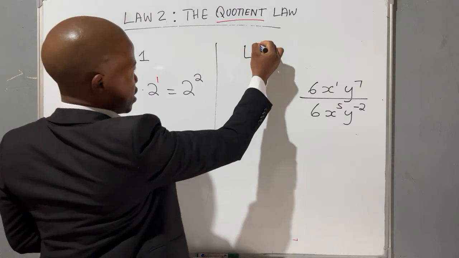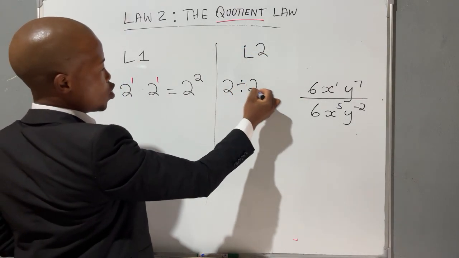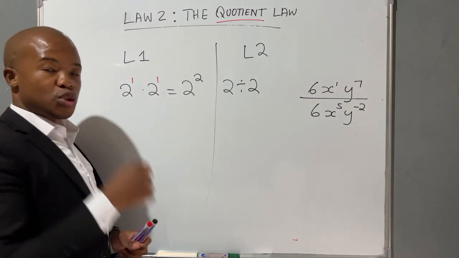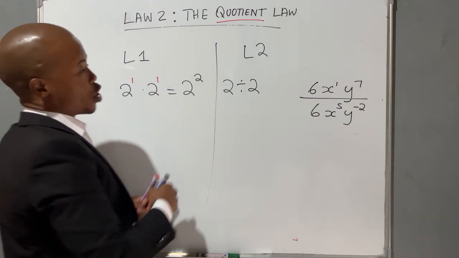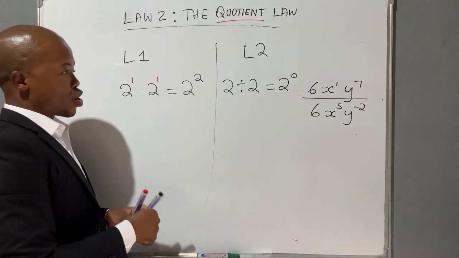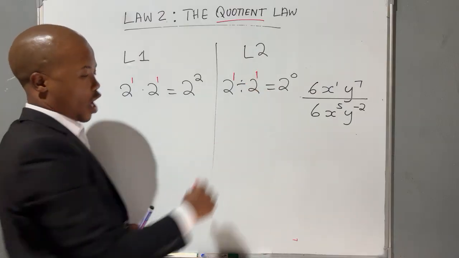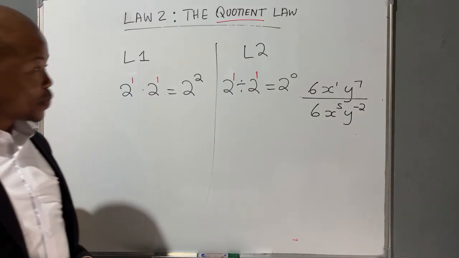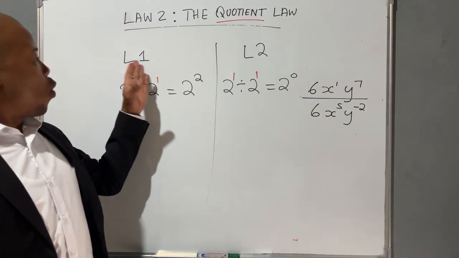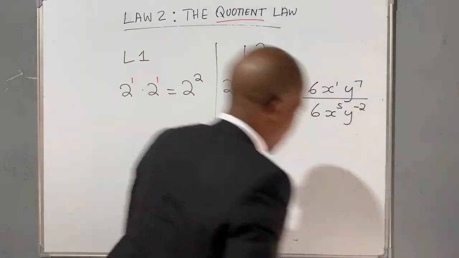Law 2 instead is saying if it is 2 divided by 2, you are simply going to subtract the exponents, which in this case will be 2 to the exponent 0, because it was 1 and 1, and then it's 1 minus 1. So law 1 and law 2 are pretty much the opposites.